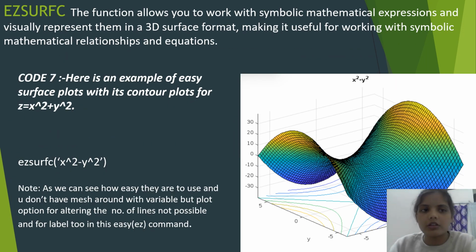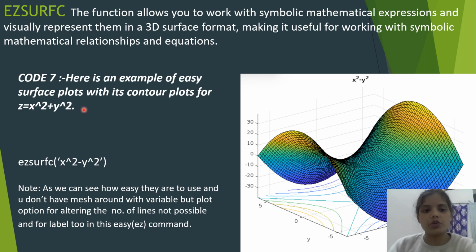So let me start with another command, that is ezsurfc. The function allows you to work with symbolic mathematical expressions and usually represent them in a 3D surface format, making it useful for working with symbolic mathematical relationships and equations. And here is the code for that command.